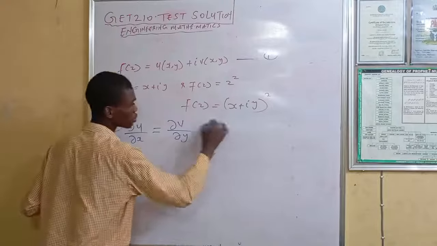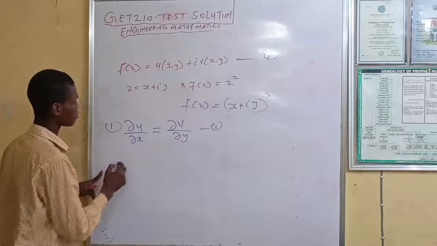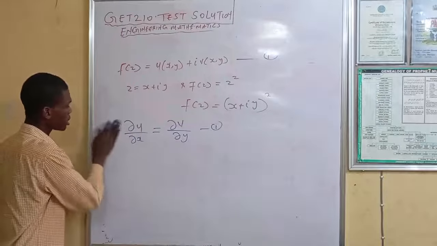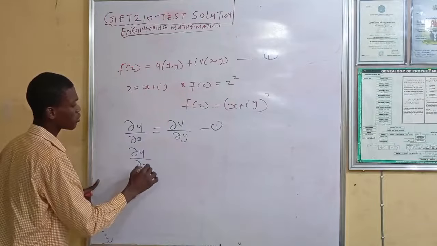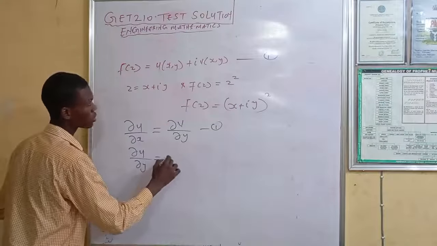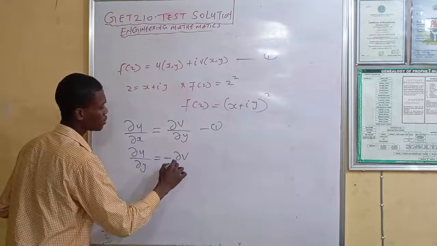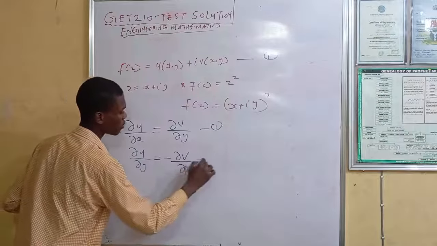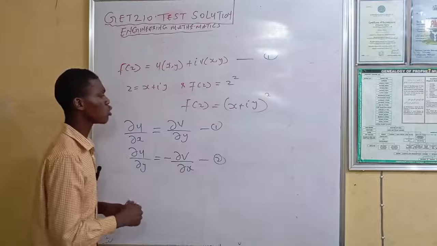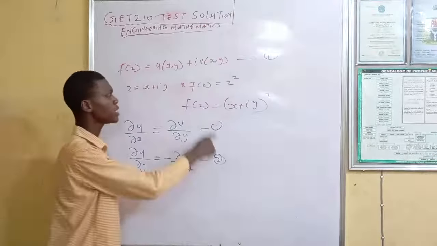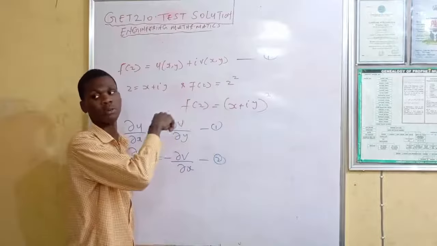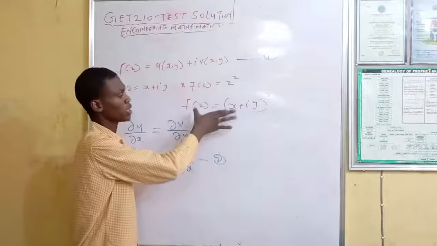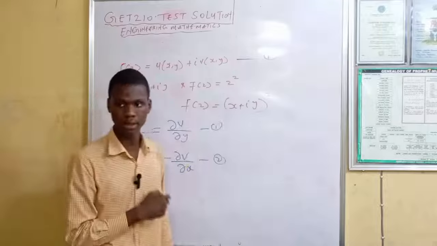This is condition 1. Condition 2: the partial derivative of u with respect to y equals minus the partial derivative of v with respect to x. If these two conditions are satisfied, the function is verified under the Cauchy-Riemann equations; in other words, the function is analytic.